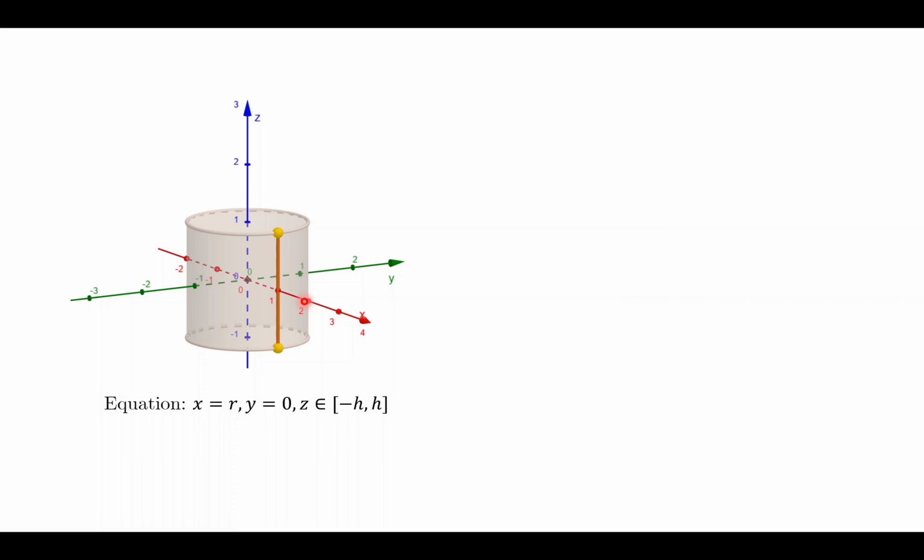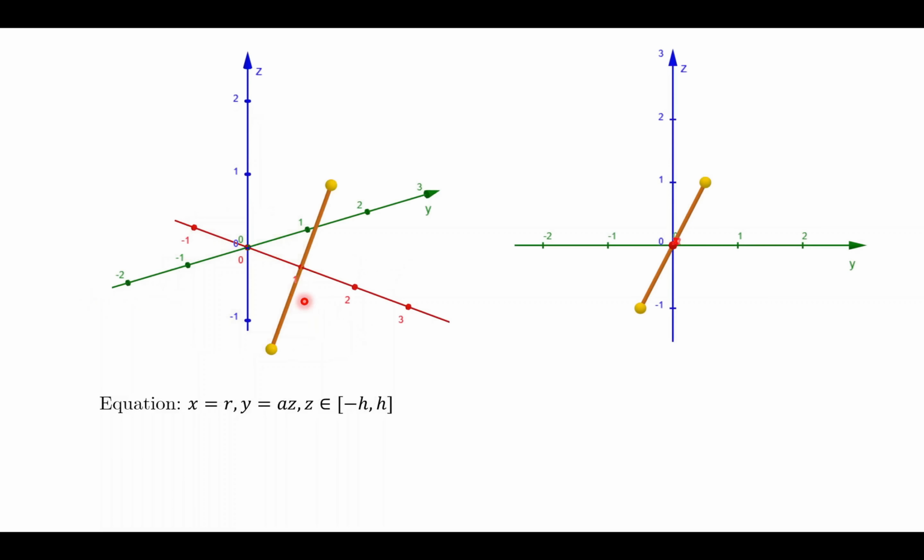Now, what happens if you tilt the line segment slightly? By this, what I mean is that I look at the plane that is parallel to the YZ plane. Previously my line segment was here. I'm going to push it off by a slight angle so that it still lies in the plane that is parallel to the YZ plane, but it's now tilted slightly.